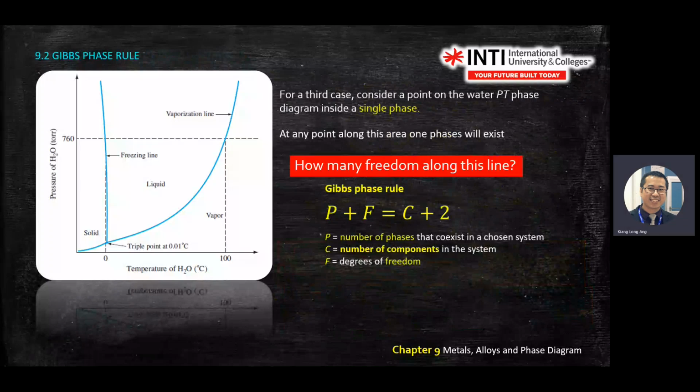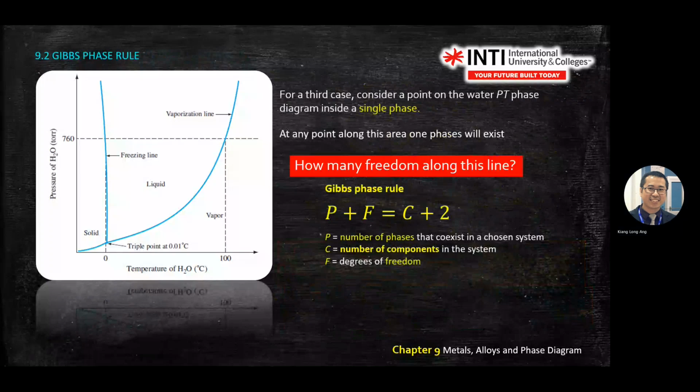Now, what does this single phase mean? Either it is solid, or liquid, or vapor. So you pick one point here, one point here, one point here. Solid means solid, liquid means liquid, vapor means vapor. If you use this equation, C is 1 because only water. Then there is only one phase here, solid. So P is 1. Then degree of freedom is 2.